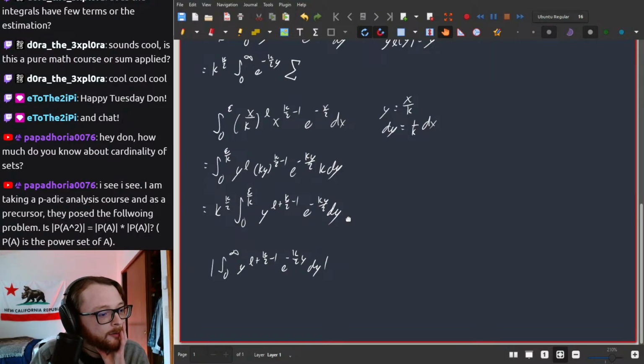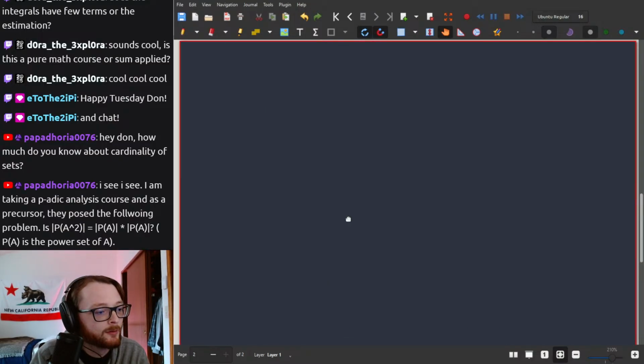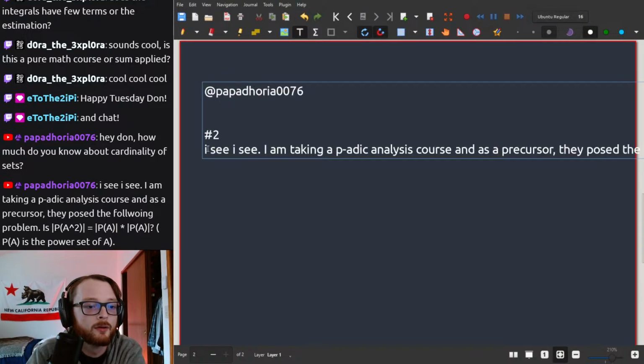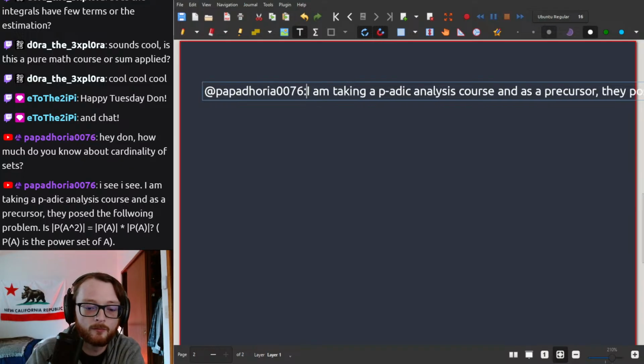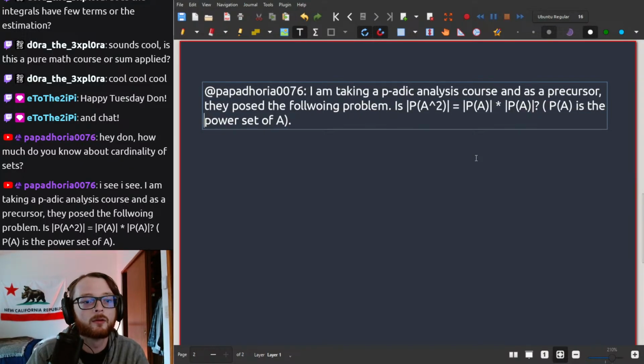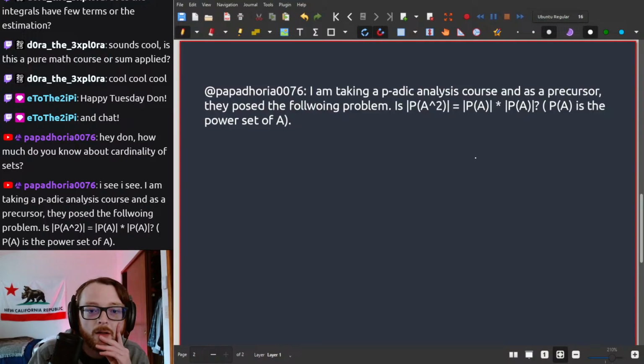Okay, you're taking a p-adic analysis course, and as a precursor, they pose the following problem. Oh god. Let's see. P power set.